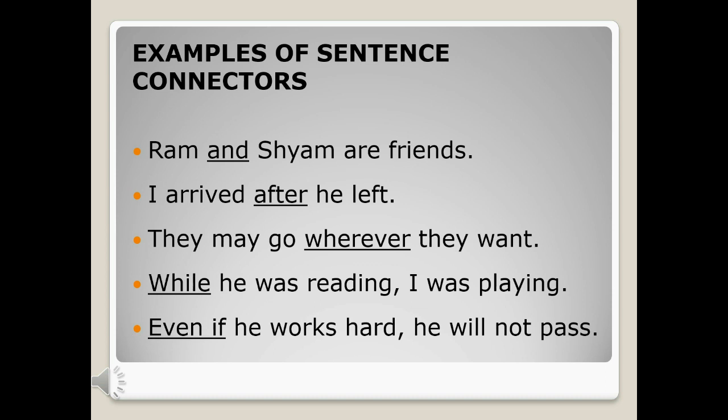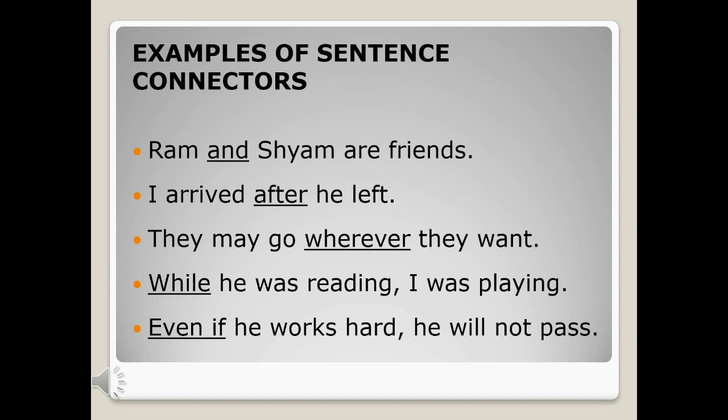Number 4. While he was reading, I was playing. Number 5. Even if he works hard, he will not pass.